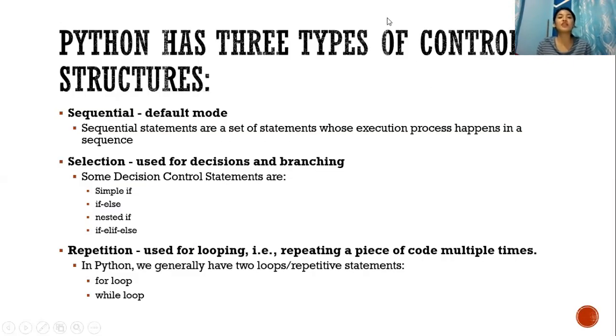So some of the decision control statements are yun yung tinatawag natin mga simple if, if else, nested if else, and else. So yung simple if na tinatawag natin, statement siya na nagko-control dun sa flow ng statement na nakakatulong sa atin to run a particular code, but only when a certain condition is met or satisfied.